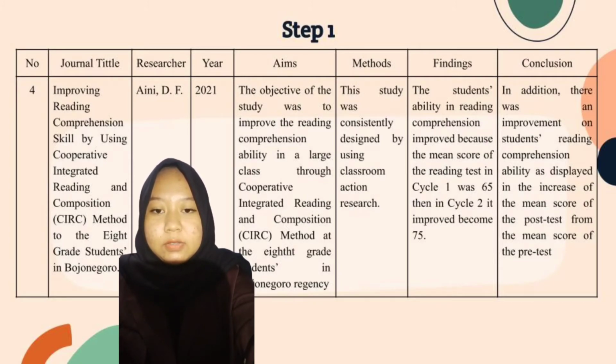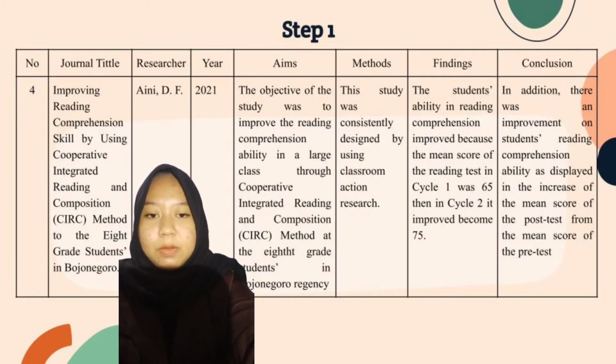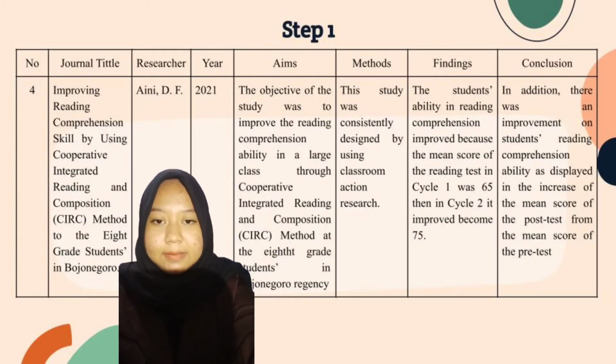Findings. The students' ability in reading comprehension improved because the mean score of the reading test in cycle 1 was 65, then in cycle 2 it improved to 75. Conclusion. In conclusion, there was an improvement in student reading comprehension ability as displayed in the increase of the mean score of the post-test from the mean score of the pre-test.